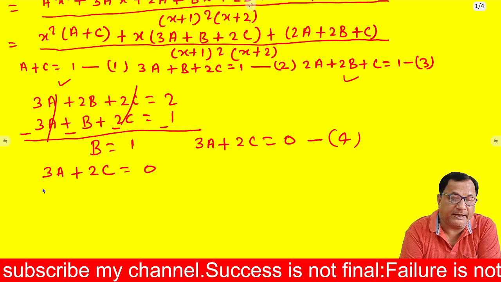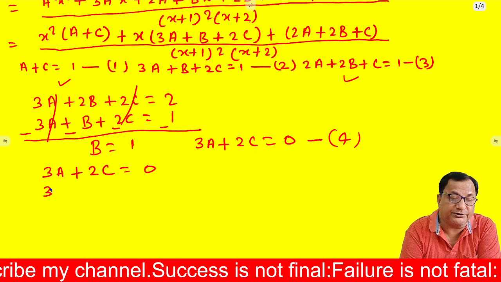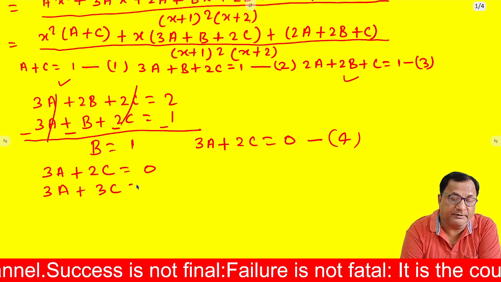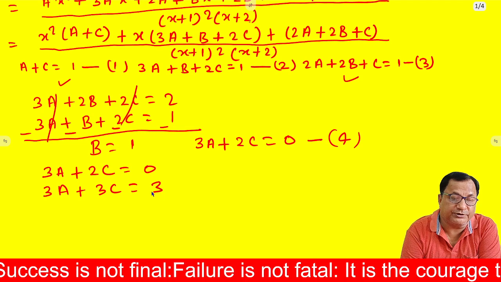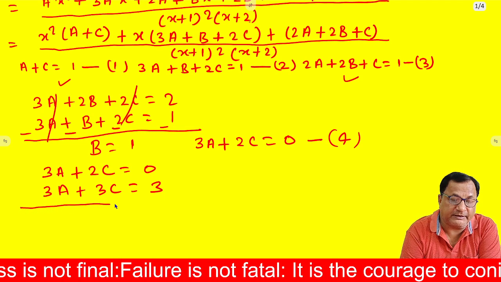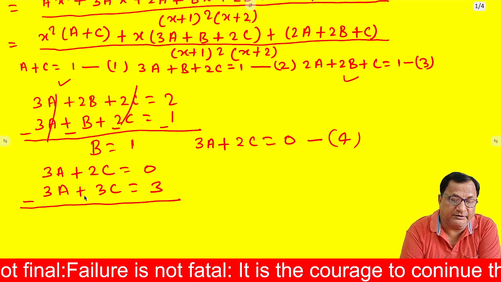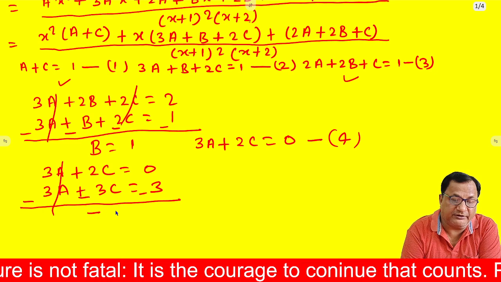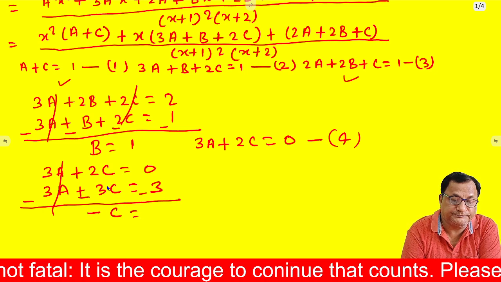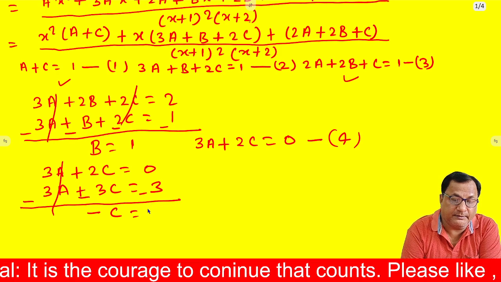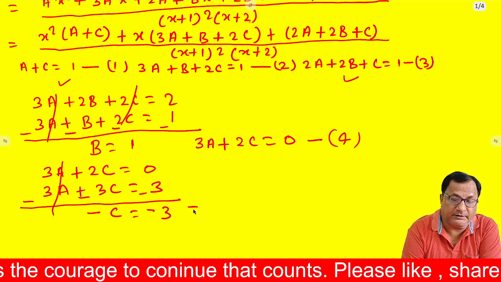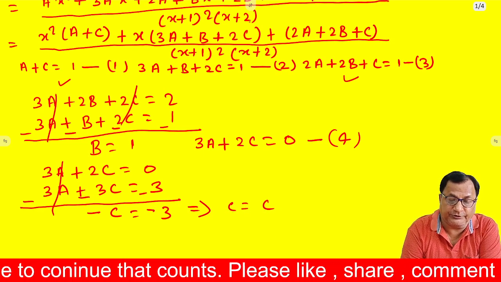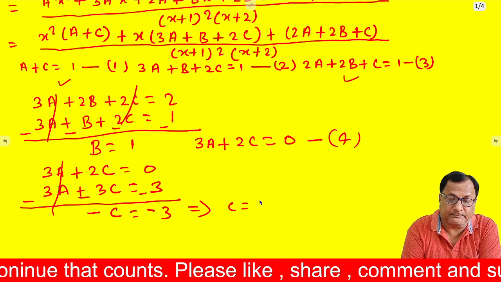And if you multiply equation 1 with 3, then 3a plus 3c is equal to 3. If you subtract this, this will cut. So minus c is equal to minus 3. It means c is equal to 3.